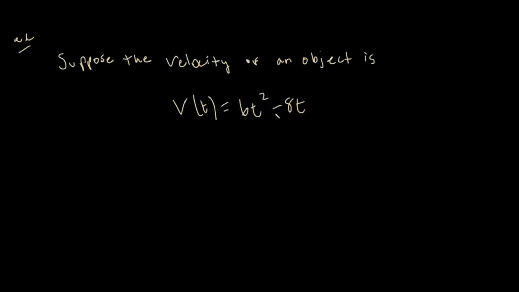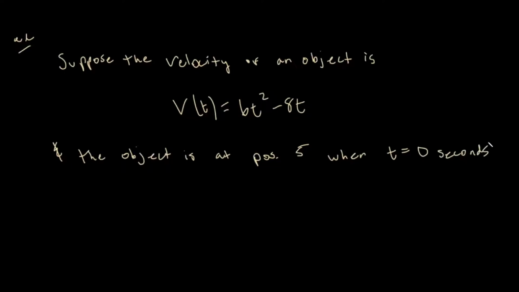The object is at 5 when the time is 0. Position 5 when t equals 0 seconds. Do we not have units? The book doesn't declare units. It's ridiculous. So position 5 units.